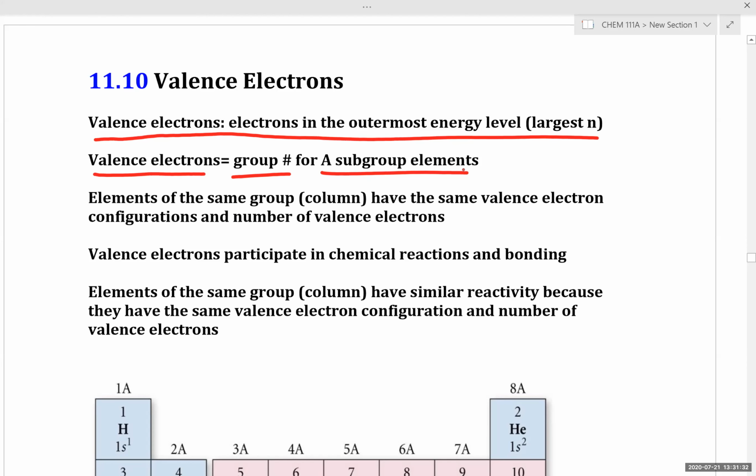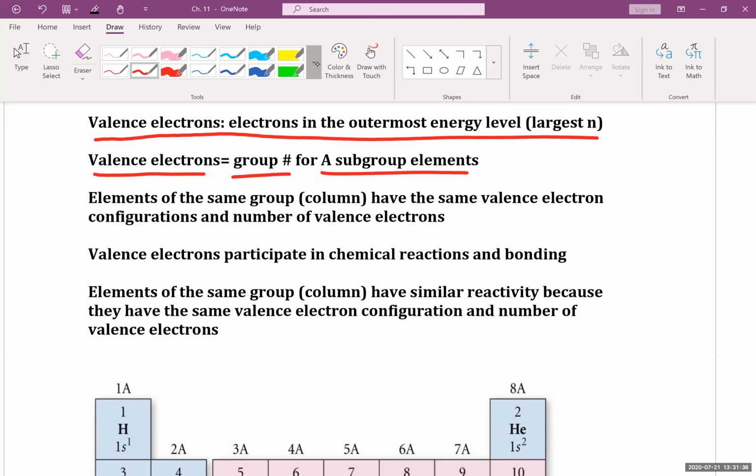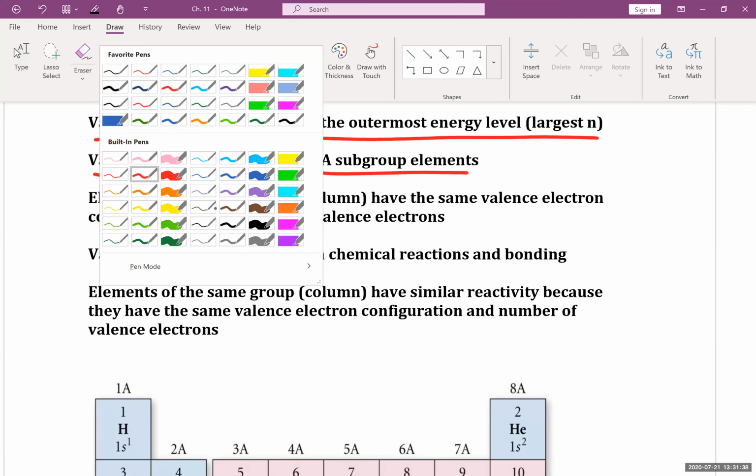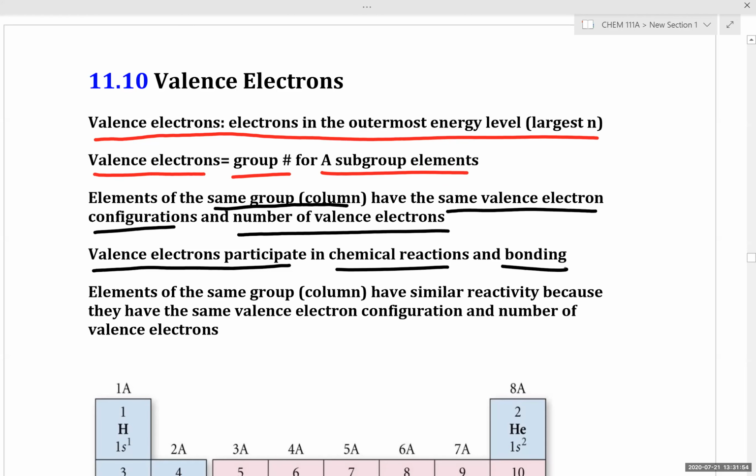What's really interesting is that elements of the same group in the same column have the same valence electron configurations and the same number of valence electrons. This is important because valence electrons participate in chemical reactions and bonding.